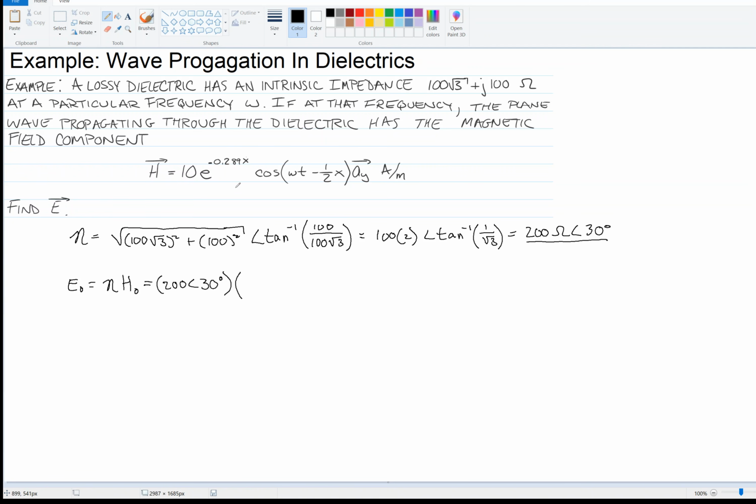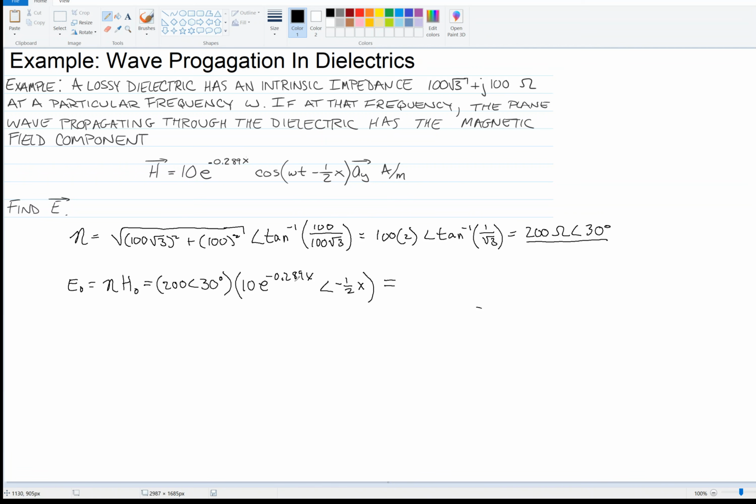So what is H0 in polar form? That is 10 e to the negative 0.289x, which is the amplitude of this wave. Then the angle of this wave is negative 1/2 x. Now we just have to do that complex multiplication.